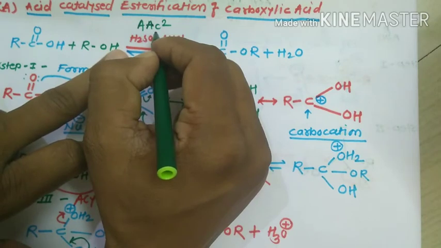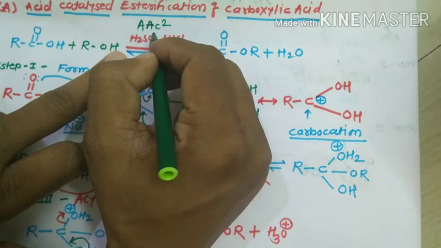Acid catalyzed hydrolysis of ester and esterification are the reverse of each other. That is, the mechanism of acid catalyzed esterification is the same as acid catalyzed hydrolysis, but in the reverse direction. Then second example, base catalyzed hydrolysis of ester, also known as saponification.